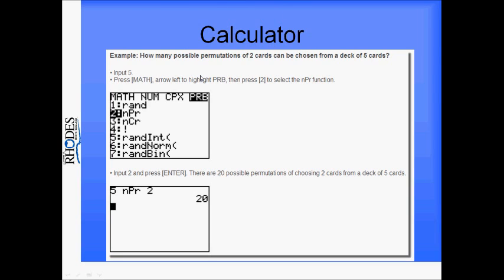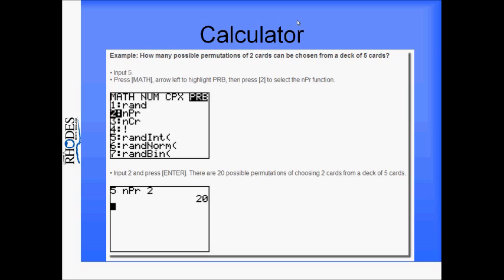So again, nPr is the way things are stated, and on the calculator, let's say they give an example: how many permutations of 2 cards can be chosen from a deck of 5 cards? Your nPr would be 5 P 2, since you have 5 samples.